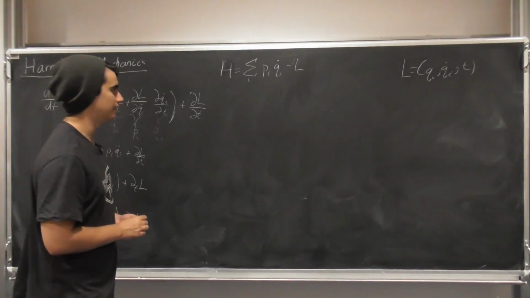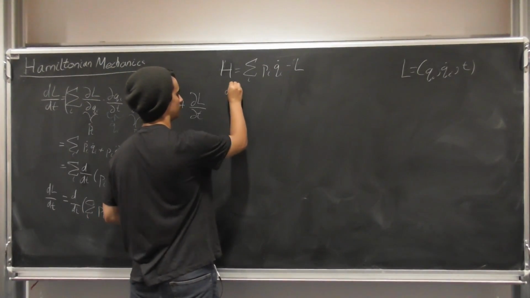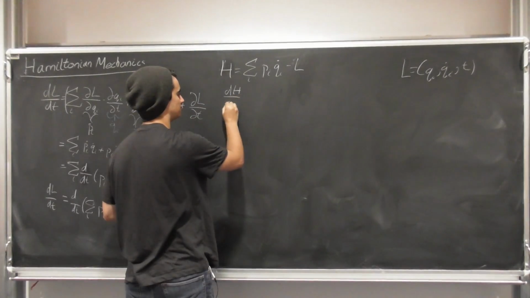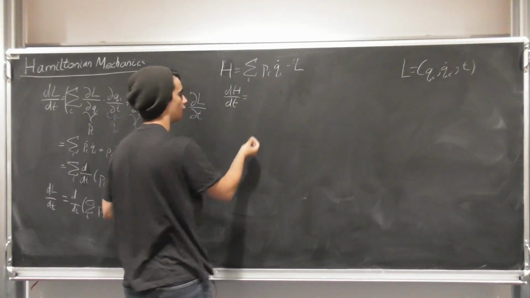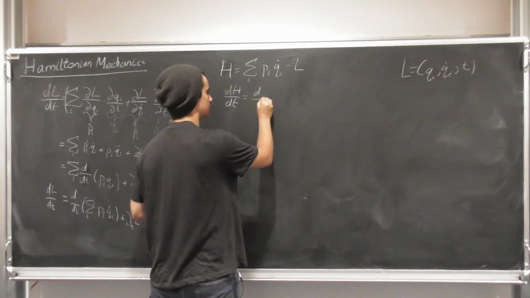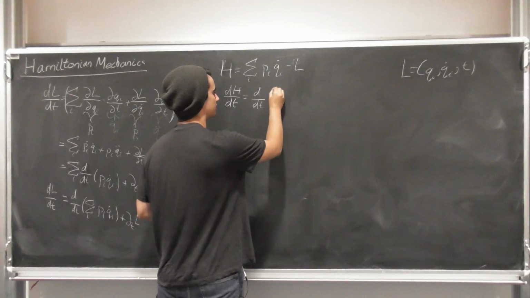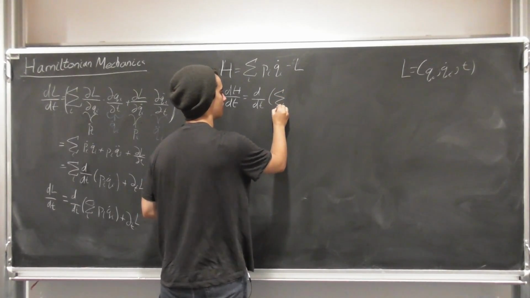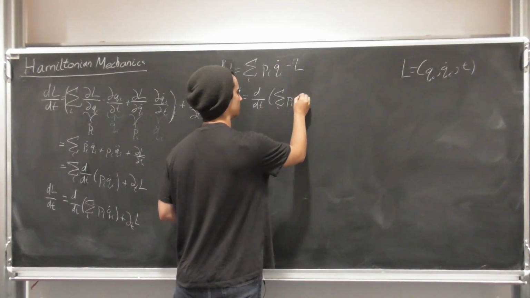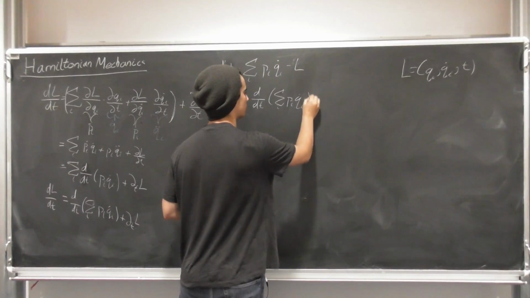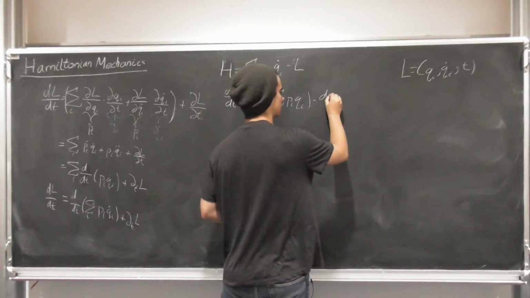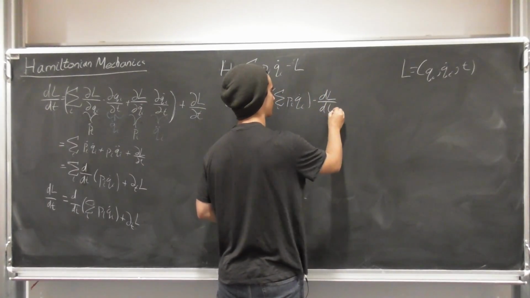So now if we find dH/dt, we'll get that this is d/dt of the sum over i of p sub i times q sub i dot, minus ∂L/∂t.